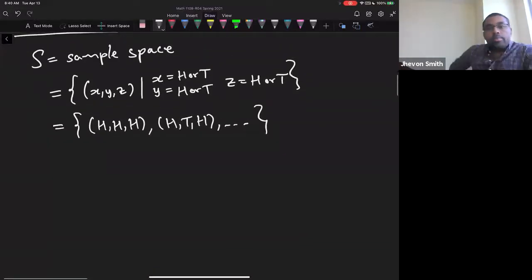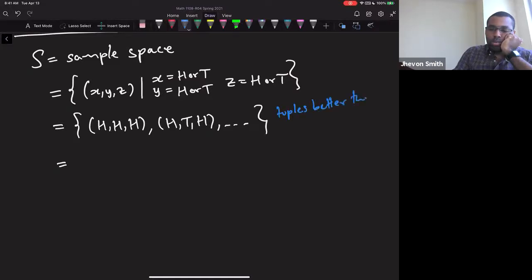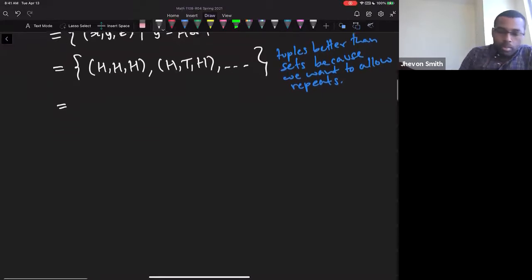But the idea is now we want to count the size of the sample space. And of course, I would rather do tuples better than sets because we want to allow repeats. So I'm thinking of this as coordinates, more or less.